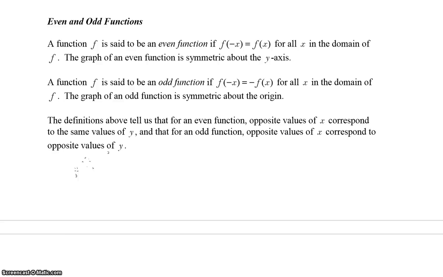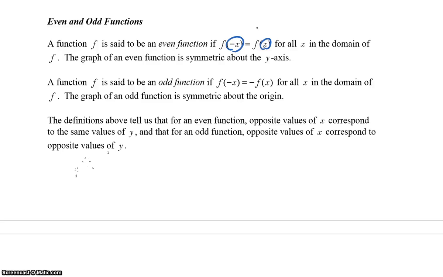The definitions above tell us that for an even function, opposite values of x correspond to the same value of y. Opposite values of x means that we're looking at the function evaluated at x and at minus x. Those would be opposites.